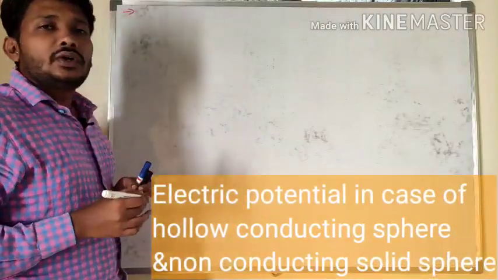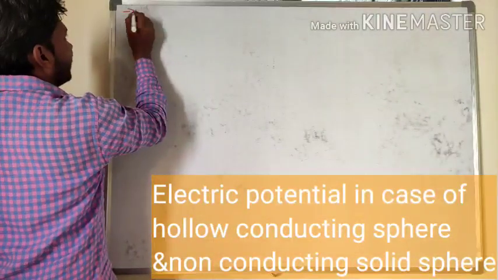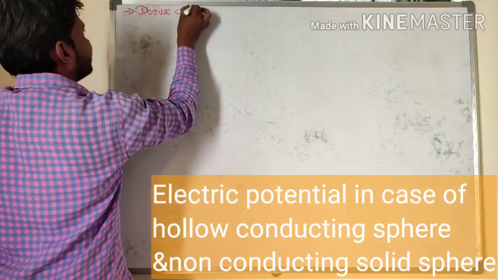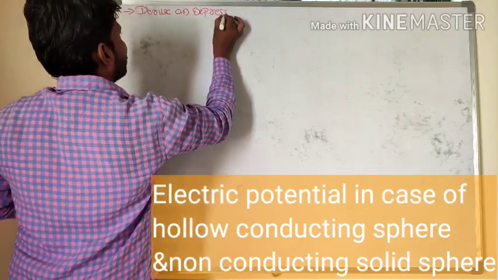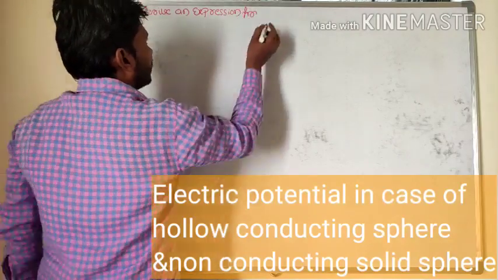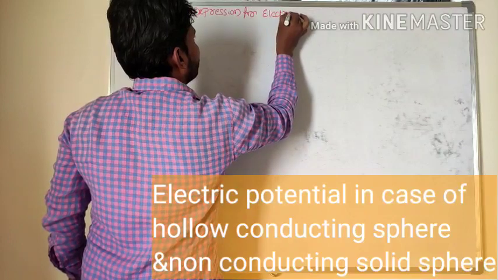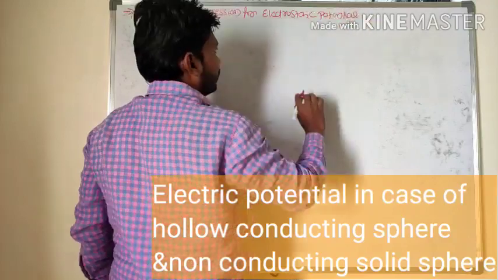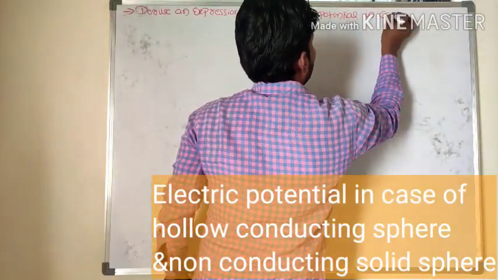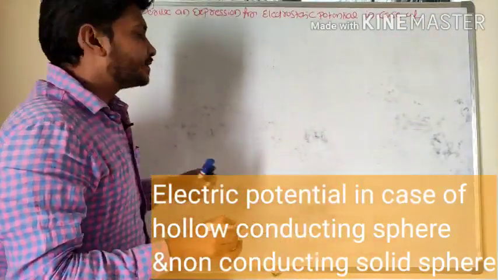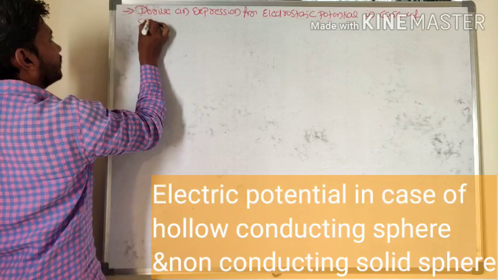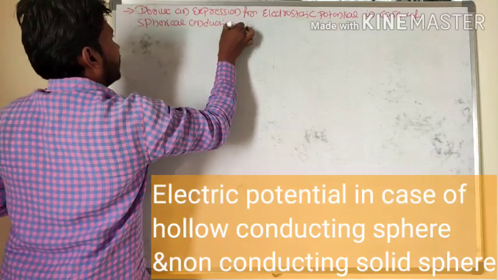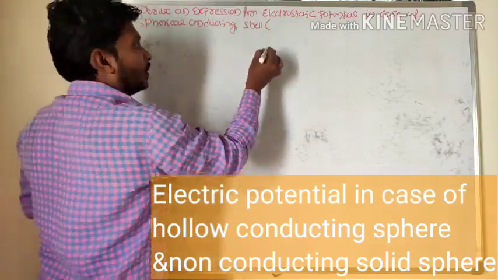Electrostatic potential due to a hollow sphere. Let me derive an expression for the electrostatic potential in the case of a spherical conducting shell, that is, a hollow sphere I will consider.